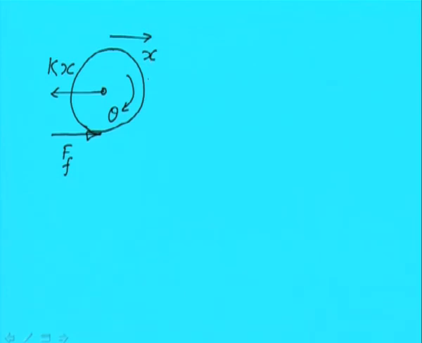So we can apply Newton's second law, and we can sum all the external forces, and we can equate that to mass into acceleration of the cylinder. So what are the external forces? The spring force and the friction force, and you can see that the displacement direction x is toward the right side, but the spring force is in the negative direction, so this will be a negative quantity.